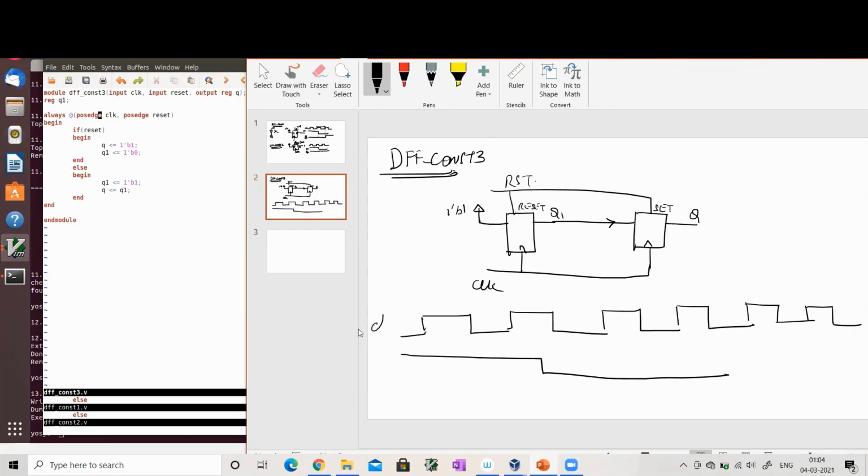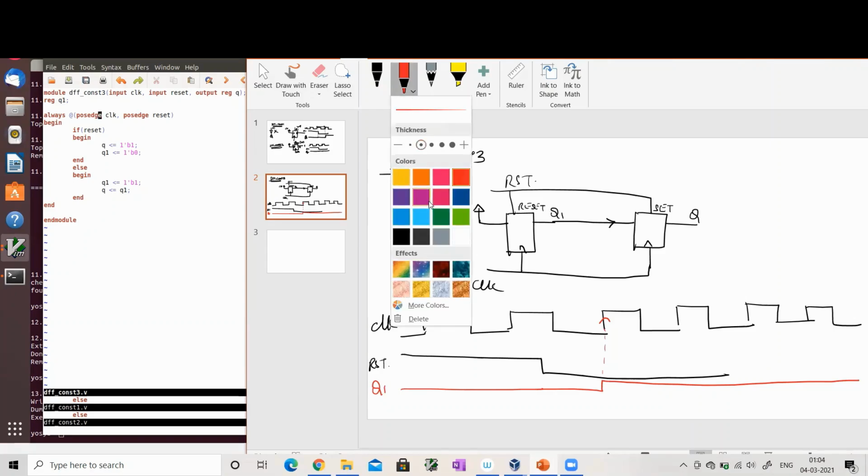This is my clock. This is my reset. Let's look at how Q1 will look. Q1 is a reset flop. That means whenever reset is applied, Q1 is going to go 0. After reset is deasserted, it waits for the next rising edge of the clock to become 1, and it is permanently 1 after. So clearly Q1 cannot be optimized.